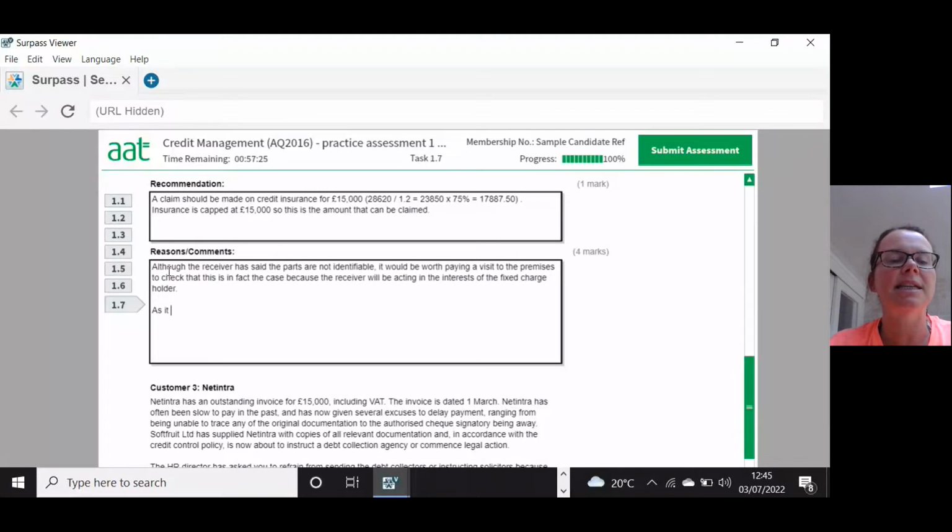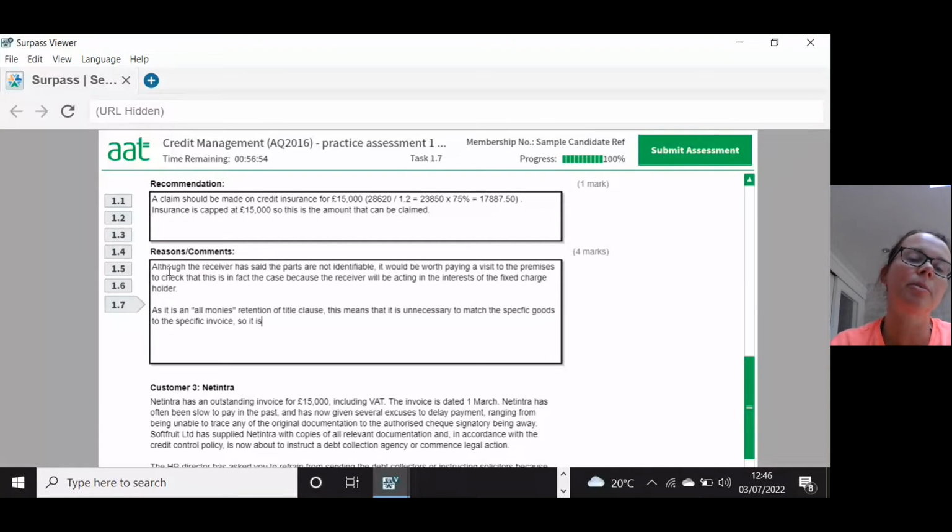So as it is an all monies retention of title clause, this means that it is unnecessary to match the specific goods to the specific invoice.